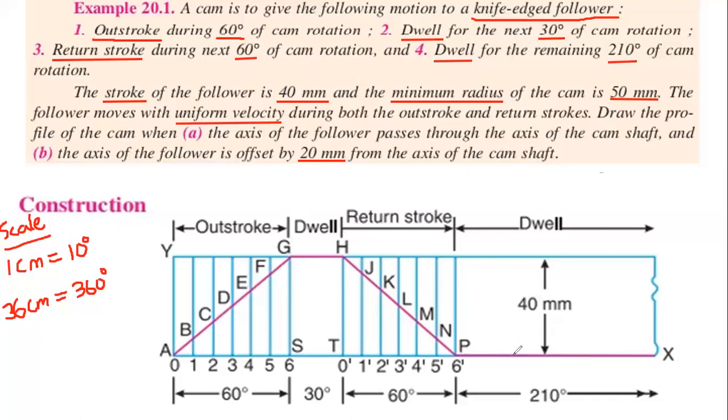So from here the remaining 210 degrees, that is 21 centimeters, is taken as the dwell period. So that is the procedure for division of the displacement diagram.